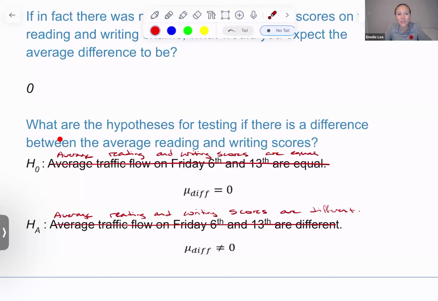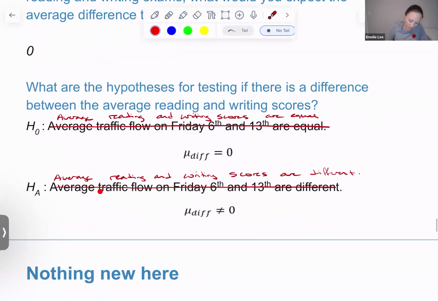When we develop our hypotheses for testing if there's a difference between the average reading and writing scores, how we communicate that the average reading and writing scores are equal is that mu diff is equal to 0, versus if we want to know if they're different, mu diff is not equal to 0.